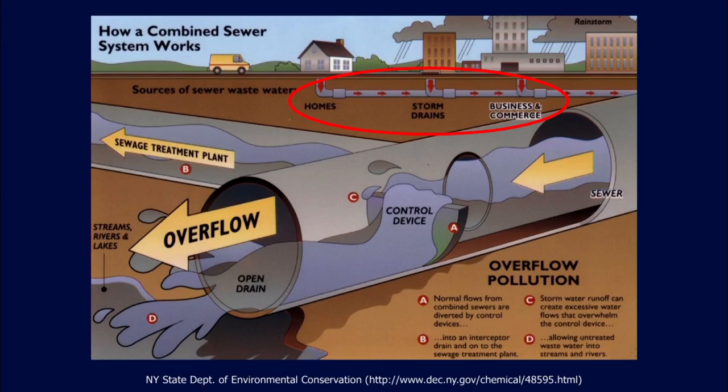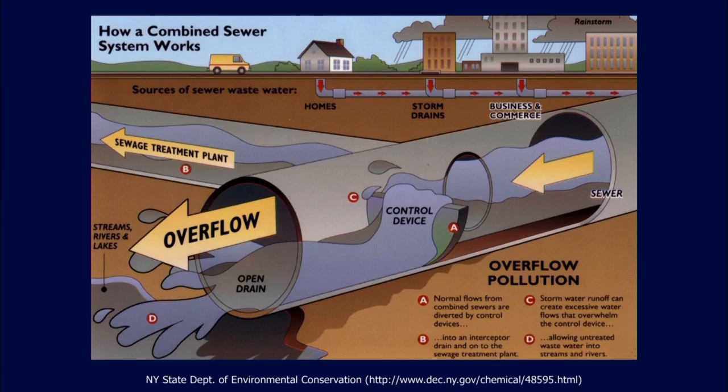And the same pipes, or storm drains, are used to collect storm water. So they all mix together, and there's a control device that diverts the water to the sewage treatment plant. And under usual conditions, that works fine.